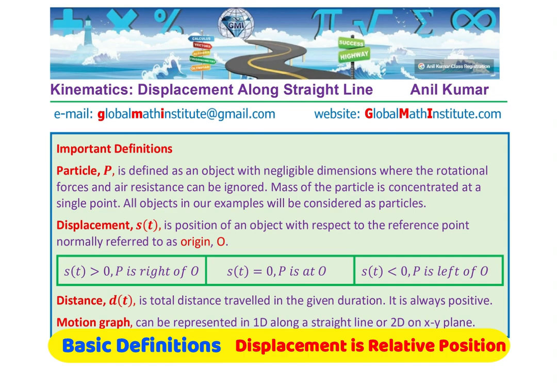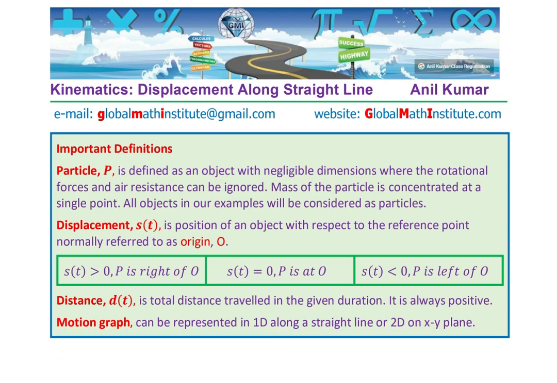Mass of the particle is concentrated at a single point. All objects in our examples will be considered as particles. Displacement, represented by s of t, is the position of an object with respect to the reference point, normally referred to as origin O.